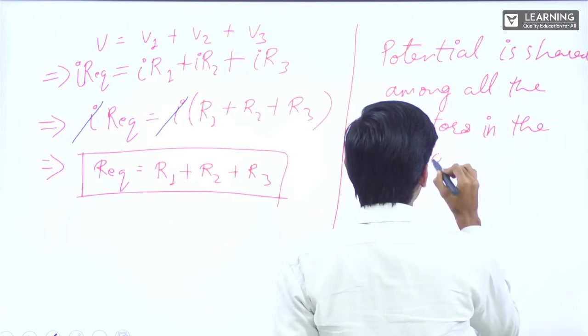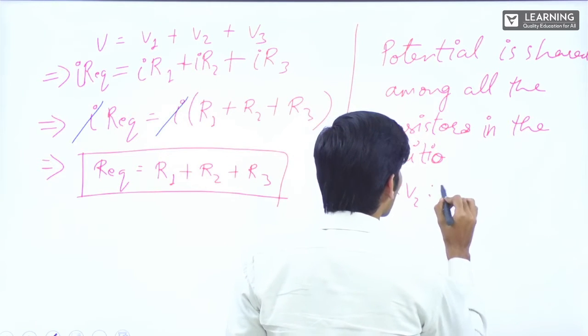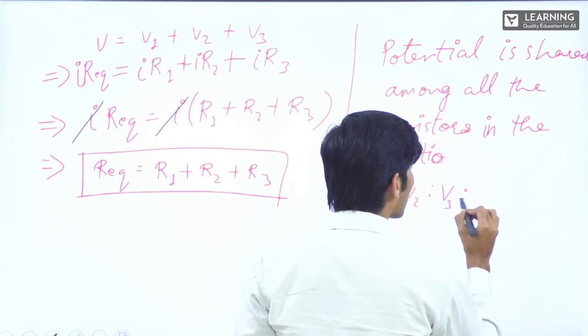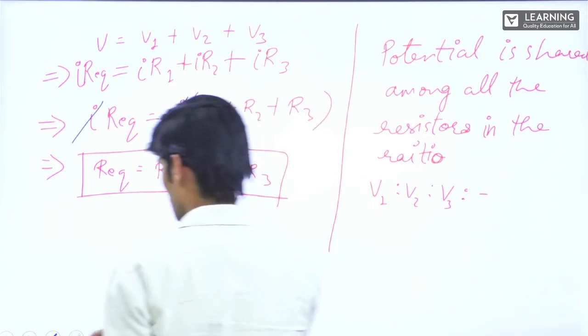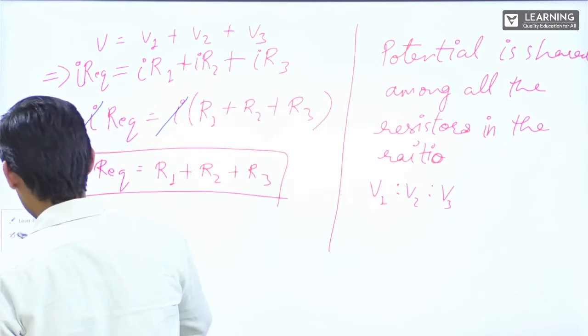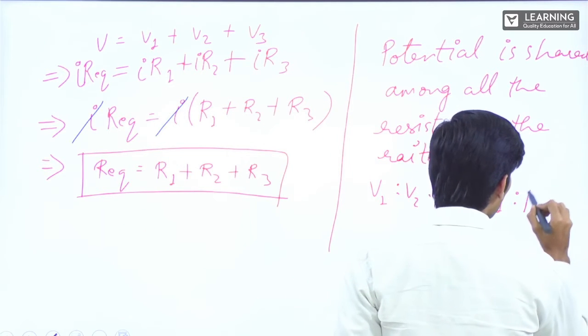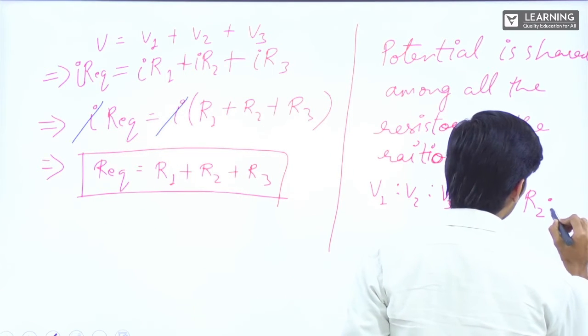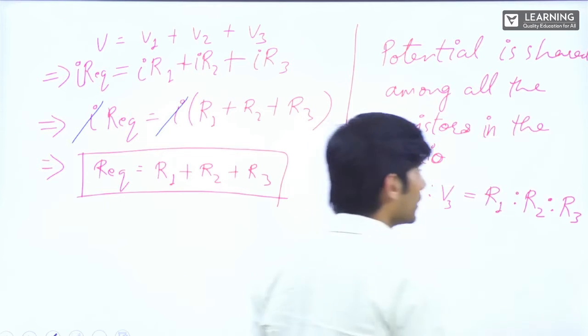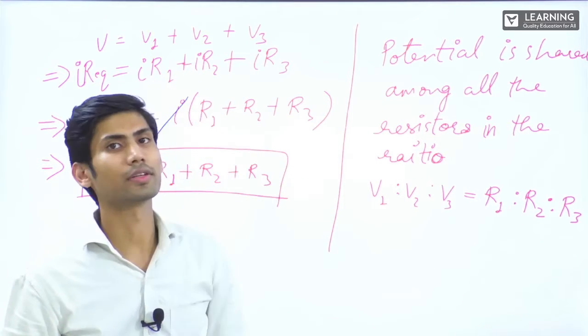What will be the ratio? V1 is to V2 is to V3 is equal to R1 is to R2 is to R3. Clear?